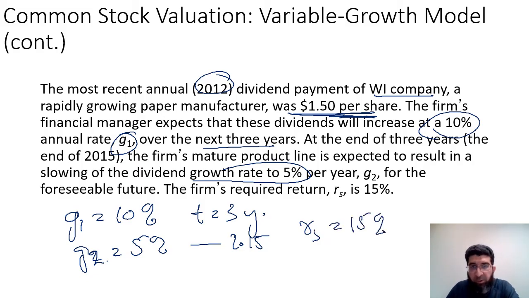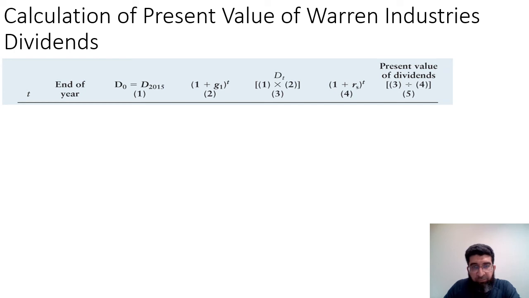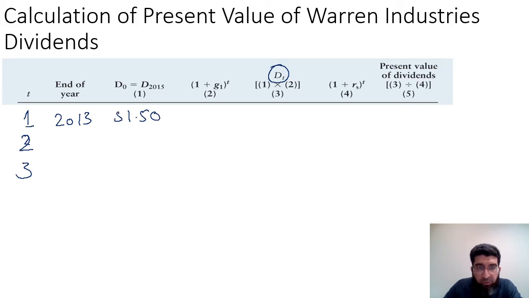Let's go and calculate. The first step is to calculate Dt, and let's do this year by year. We know this is a 3 year problem. At the end of the first year, which is 2013, we have the dividend of $1.50 times 1 plus g, which is the 10% growth rate.